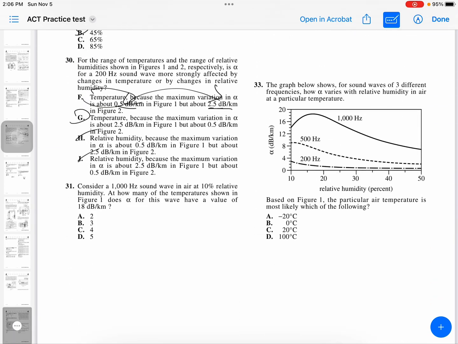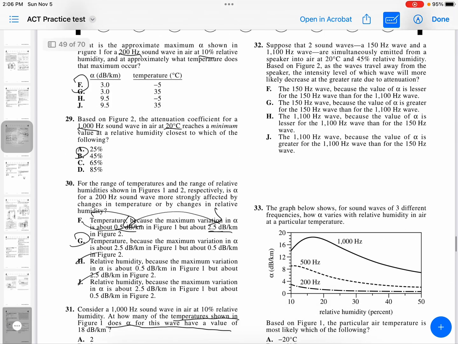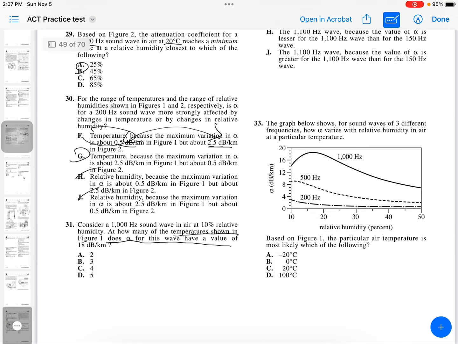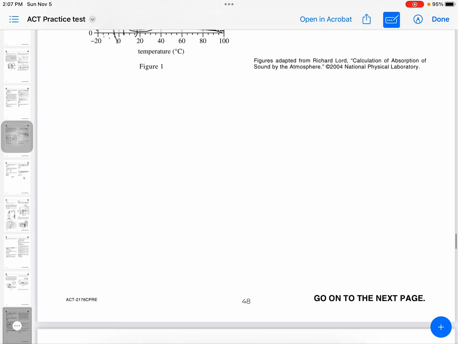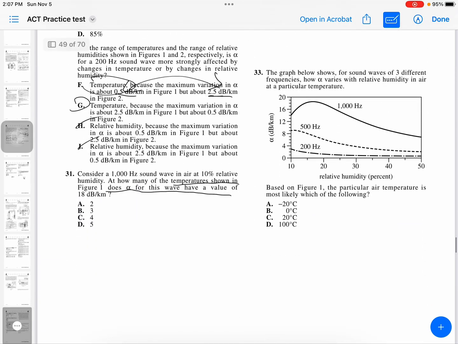At how many temperatures? 2, right? Oh yeah, and then we're over here too, sorry. There and there, so 4.